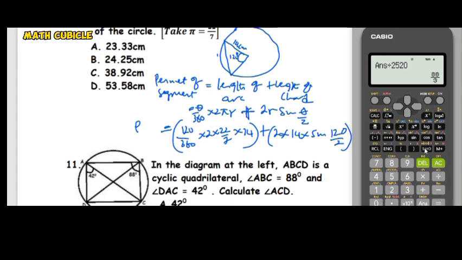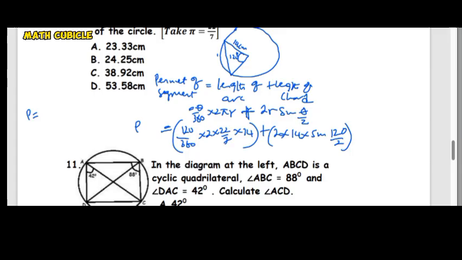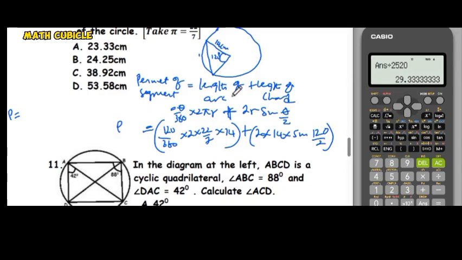So that gives us 29.33, plus, then for this, 2 times 14 times sine of 120 divided by 2 is 60, and sine 60 is 0.8660.